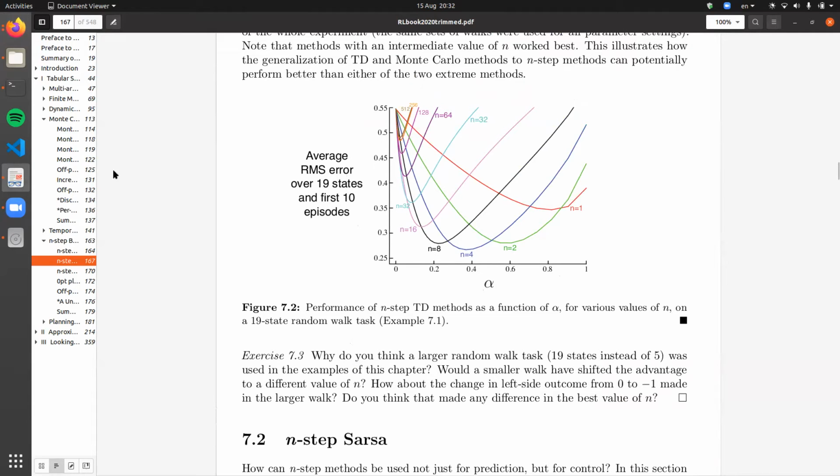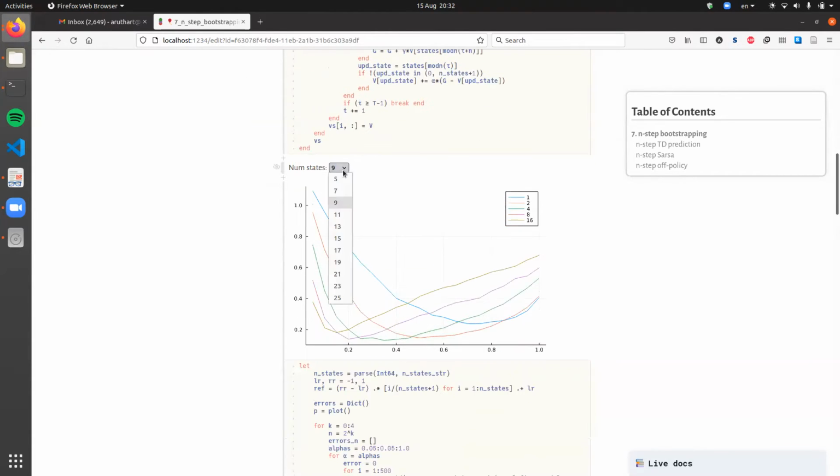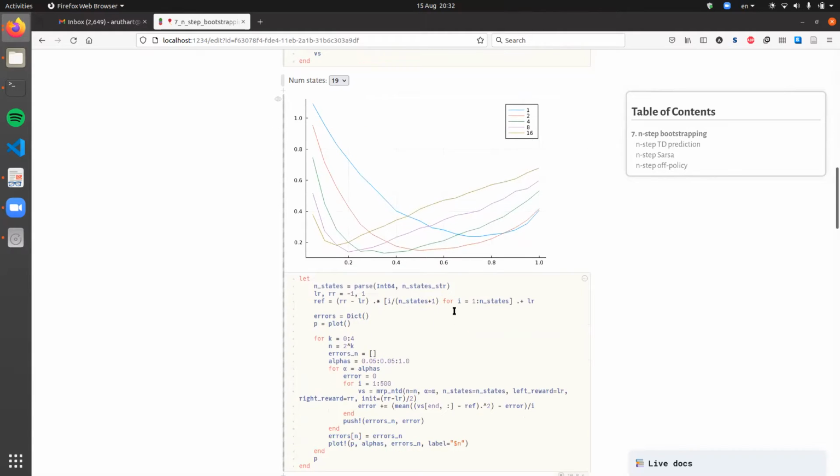What I did was take the state value estimate after 10 episodes. And with that, let me get back to the 19 states. With that, let's wait till it computes.